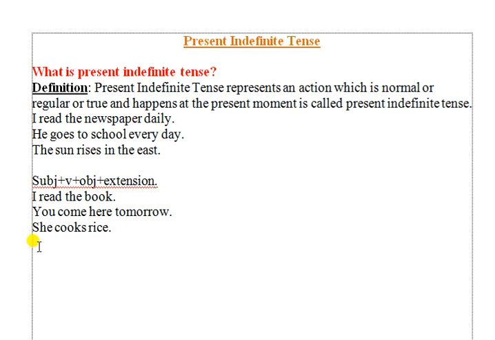Here I have written three sentences. I read the book. You come here tomorrow. She cooks rice. Here s is used with cook, the main verb, because the subject is third person singular number. We have to add s or es with the main verb, and if the subject is not third person singular number, we will not use s or es with the main verb.